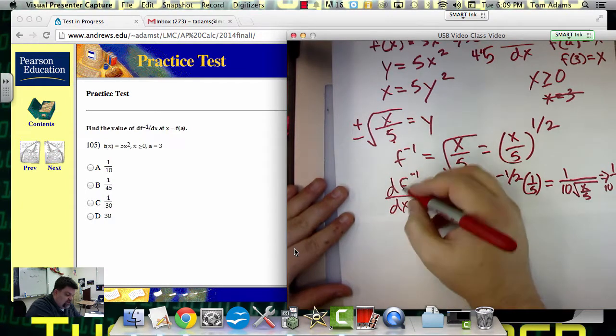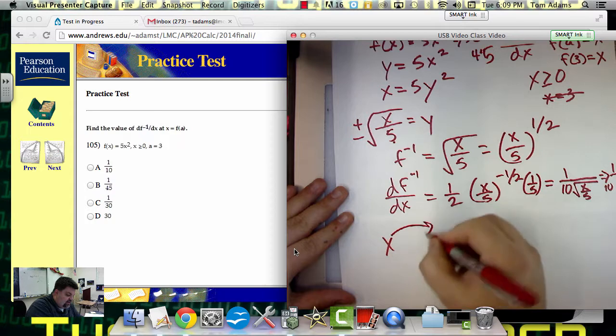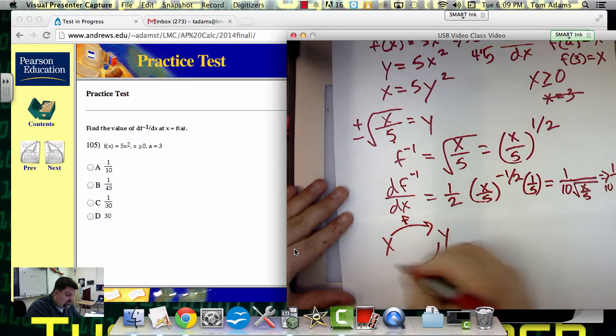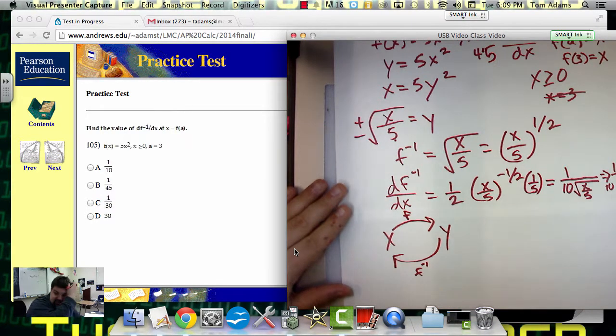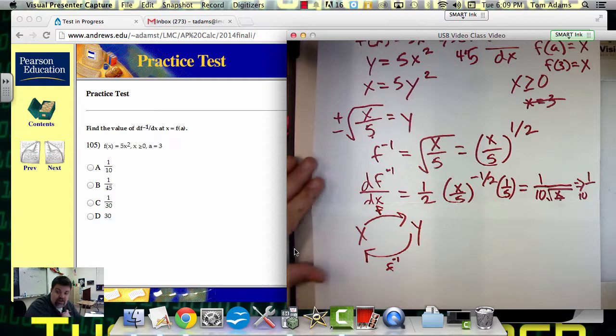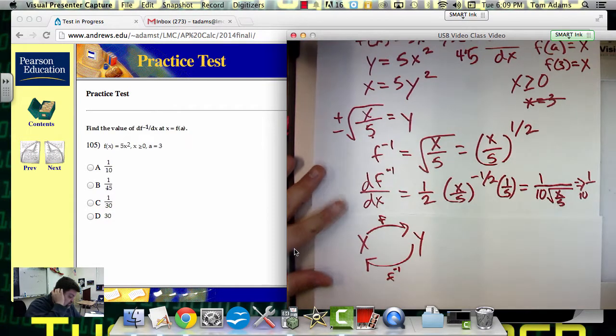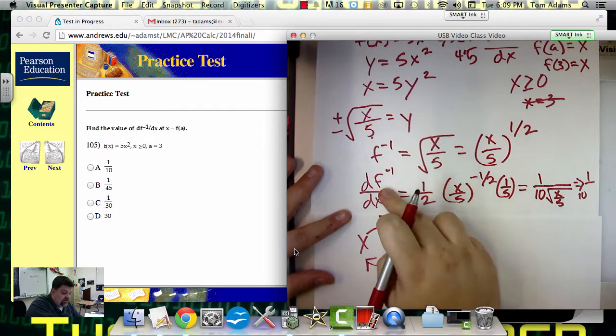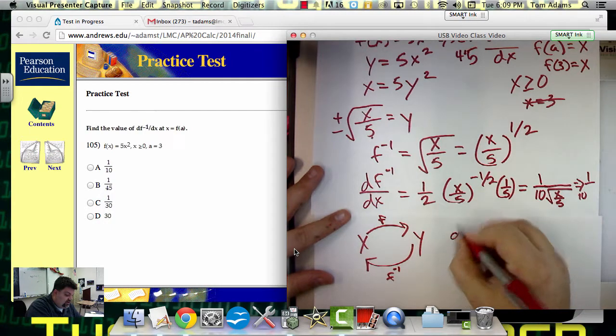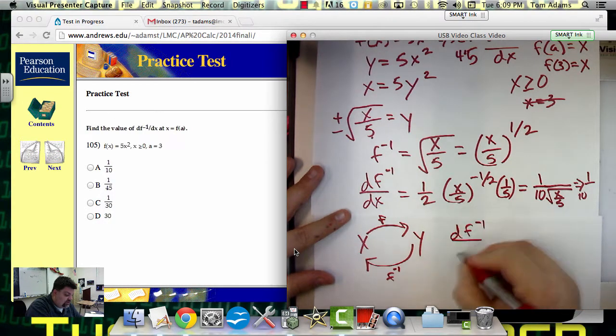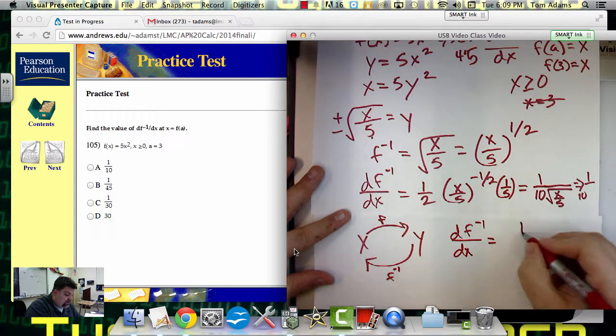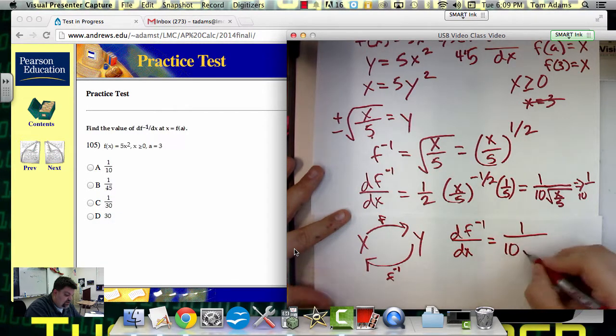Because this is the inverse function, remember that my function f makes x into y, but the inverse takes y and makes it into x. So if I wanted to evaluate my derivative, which is the derivative of my inverse function, which is 1 over 10 times the square root of x over 5.